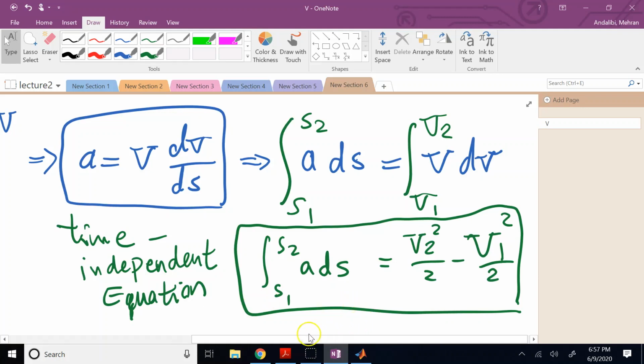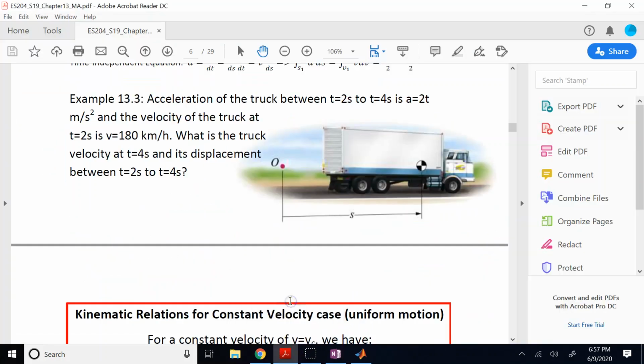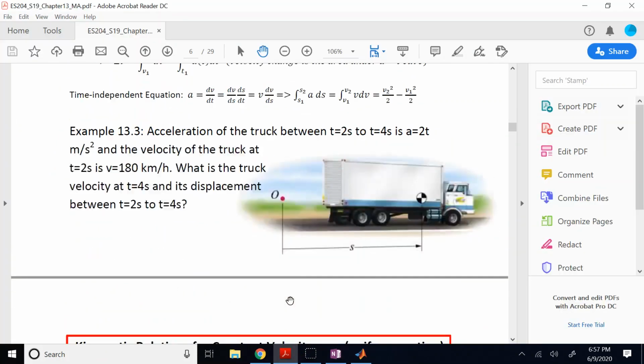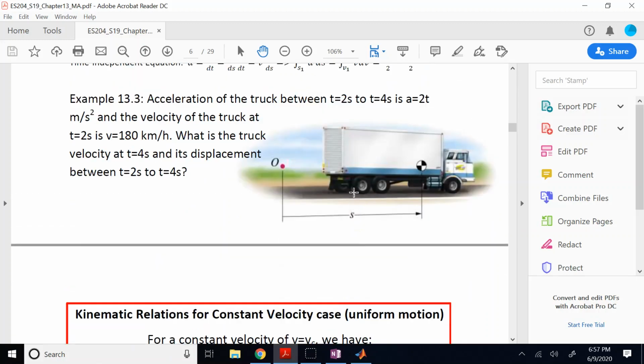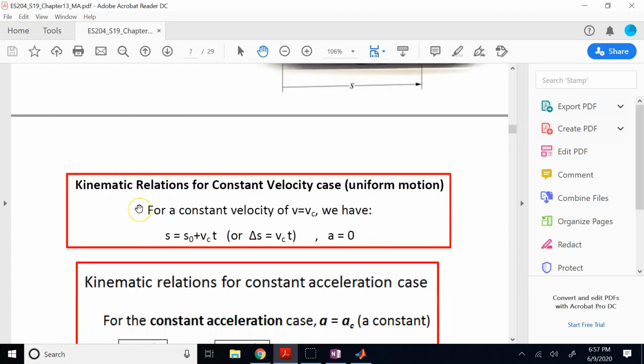It is really important, and we're going to use it in this course. This example 13.3 I will keep for the class because we are going to maneuver around it and solve more problems in class. If I do everything here in the lecture, there will be nothing left for the class. So we'll keep that for the classroom.